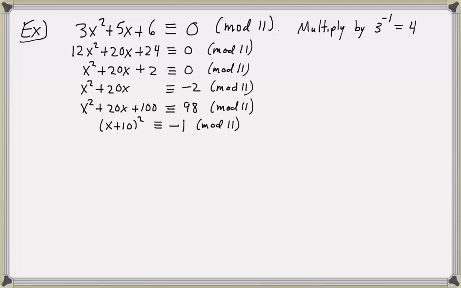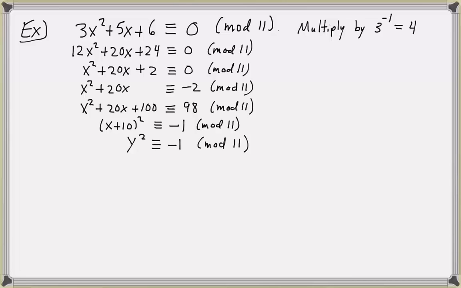And again, making a change of variables, we see that the original congruence is solvable exactly when this last congruence is solvable. So if I can find a number y such that y squared is congruent to negative 1 mod 11, then I can solve for x.